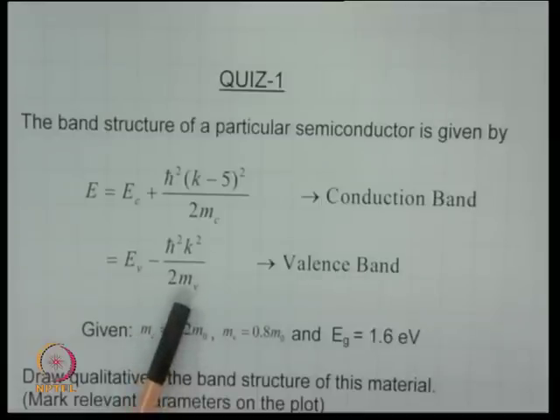When m is larger, the constant, which is h cross square by 2 m_v here, is a smaller constant, and therefore it increases much more slowly. In other words, they are not two inverted parabolas of identical shape, but they are different. The variation is different. This is because of different effective masses of electrons and holes. So, these are the 2 points to note in this quiz.